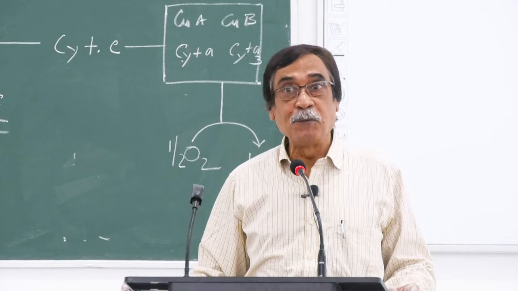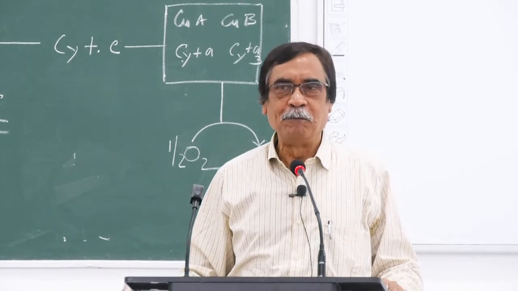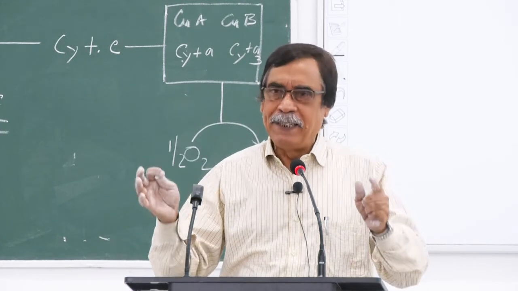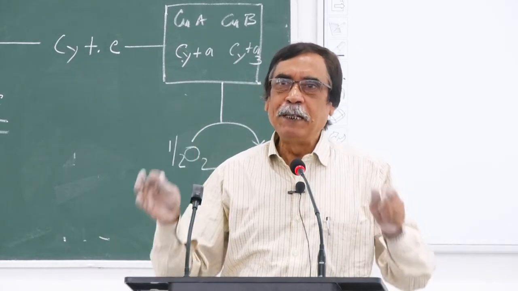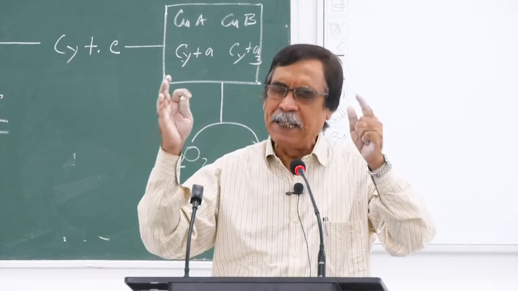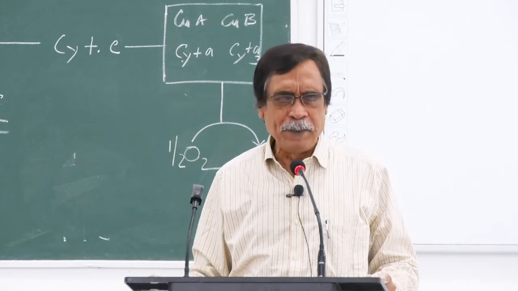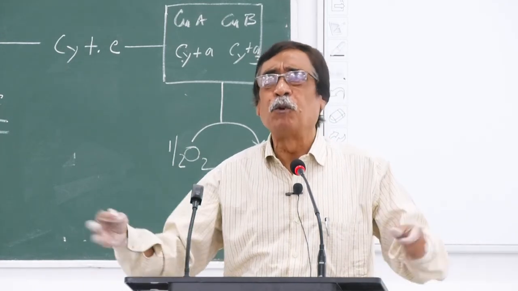But cytochrome C, which is also a protein, is a peripheral protein. It is mobile. All the complexes are embedded in the membrane and are fixed. But cytochrome C is a protein but not fixed. It is a peripheral protein. Q is not a protein at all.